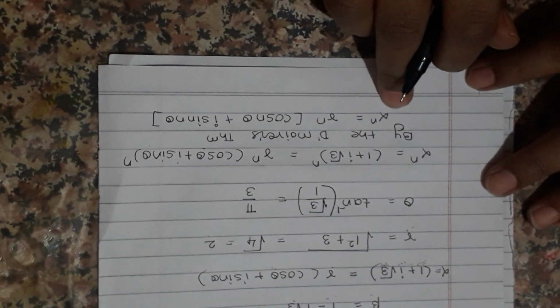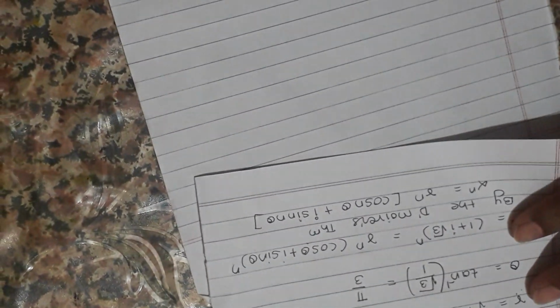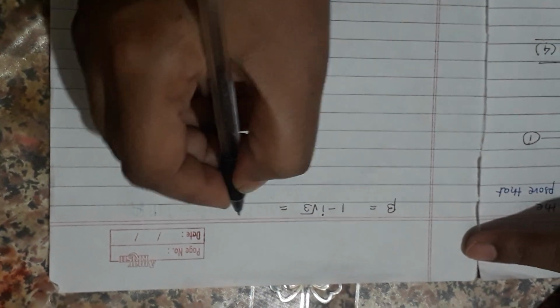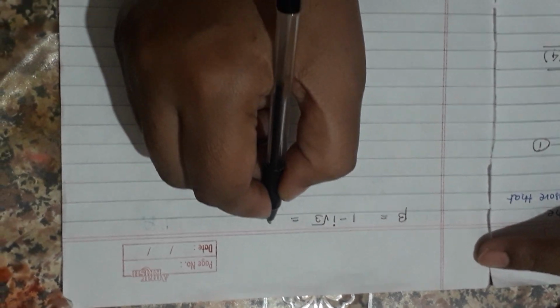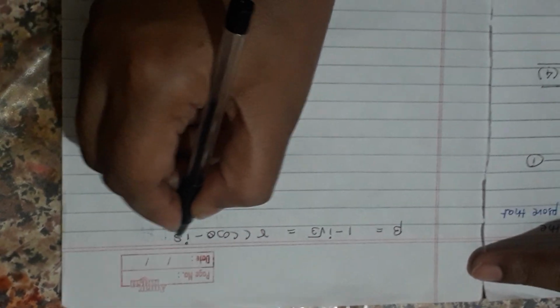So in this way we get alpha raised to the power n, and similarly we can find beta raised to the power n. As we have got alpha raised to n, now we find beta raised to n. Now the second root we consider, as we have beta is equal to 1 minus i root 3, and again we take its polar form. Its polar form is nothing but r into, in bracket, cos theta minus i sin theta.